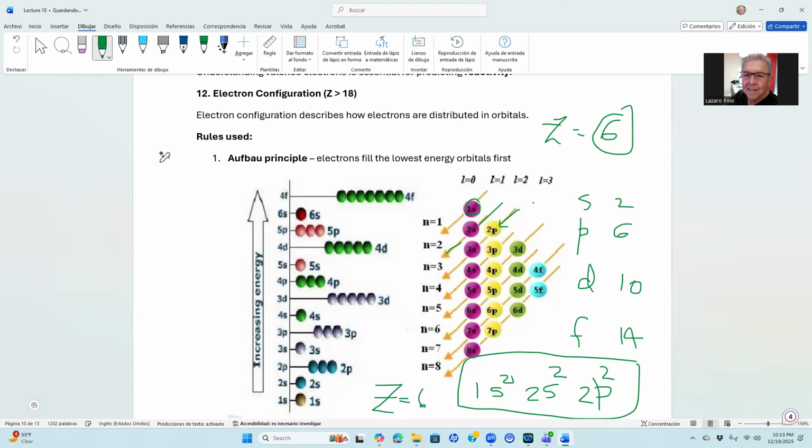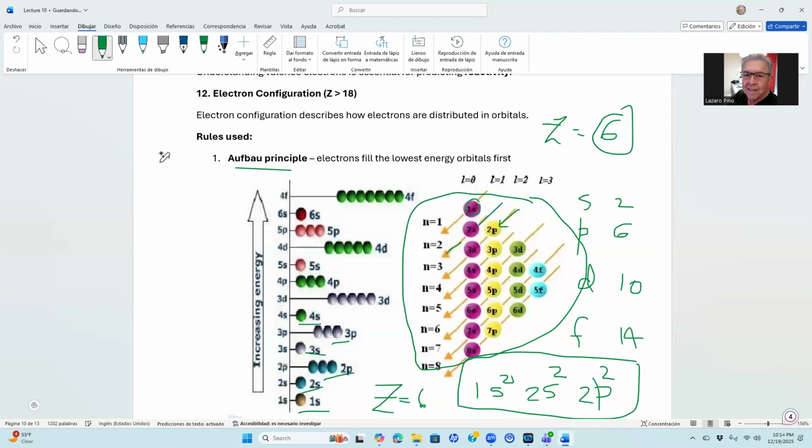And this diagram that is here is according to the Aufbau principle, where the electrons fill the lowest energy orbitals first. Look, this is the first, this is the second, this is the third, and so on.